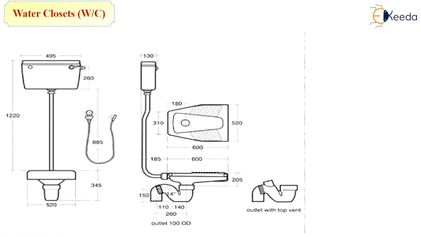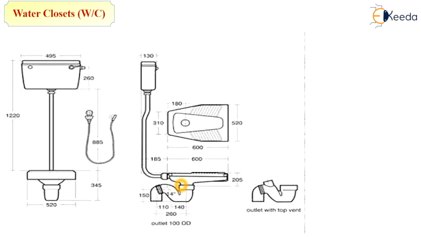So as you can see in this diagram, these are the Indian type or squatting type WCs. As you can see, this is the sitting position. This is called the pan, and this hole is connected to the S or P-shaped trap. Again, the rim, as you can see in this particular diagram, the hole is connected to this S or P-shaped trap.